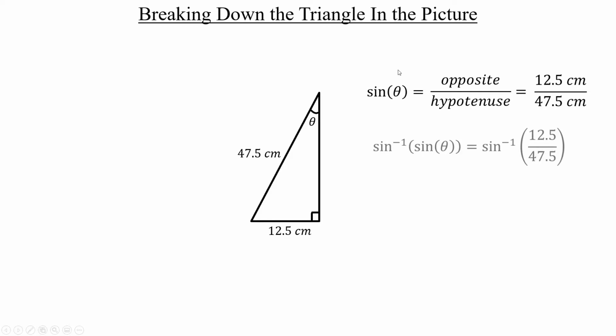And I'll actually do that in the next line here, right? So I'm taking the sine inverse of what was on the left-hand side, and that's equal to the sine inverse of what was on the right-hand side. And sine inverse of sine of theta, these two functions are inverses of one another. So they kill each other off, and we're left with the meat and potatoes, theta.